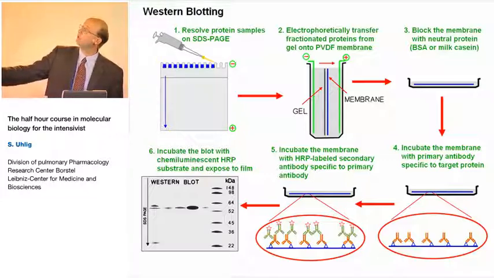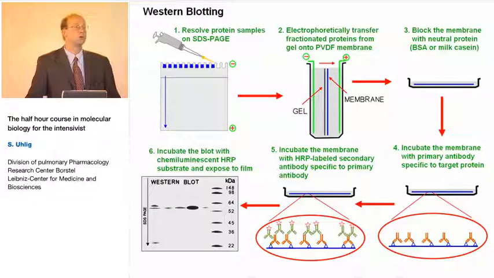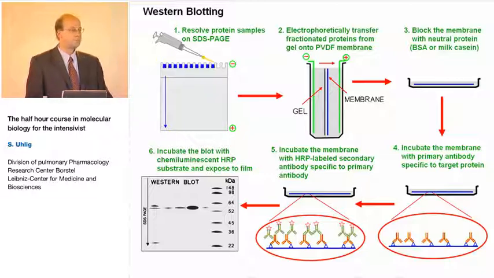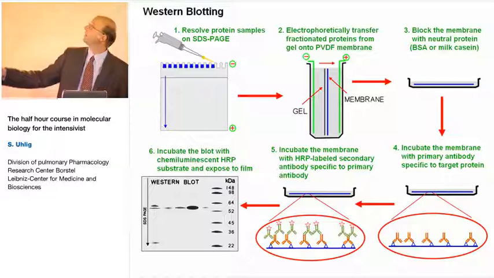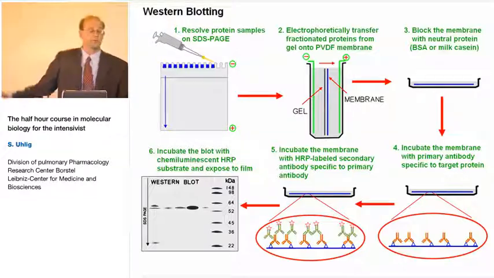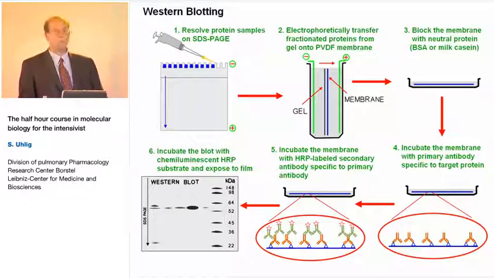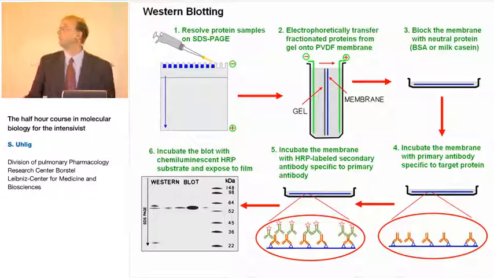And then you take this gel and have another electrical device, and you transfer the proteins that have been moving around here from the gel to a membrane. And then next step, you continue with this membrane. You first have to block it with albumin just to get rid of all the unspecific binding.